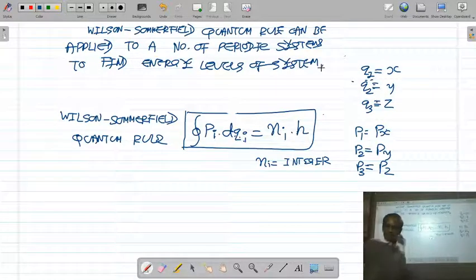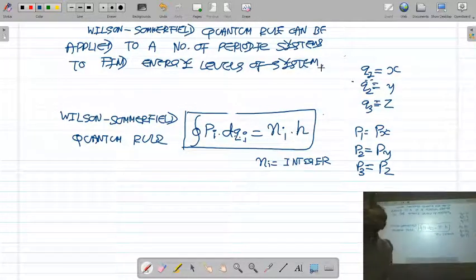So if you apply this Wilson-Sommerfeld quantum rule to a periodic system, then you can compute the energy levels of systems.